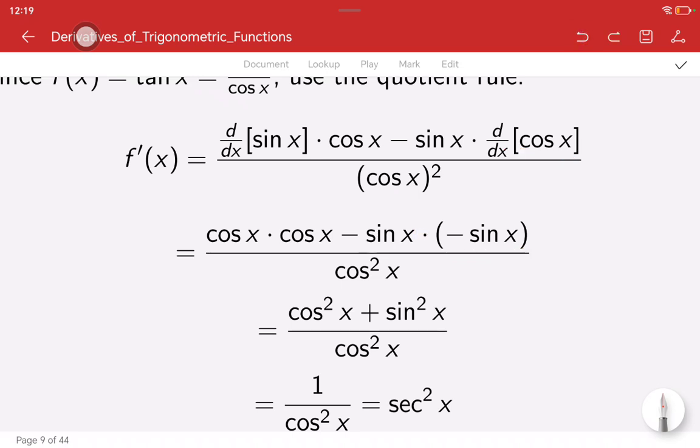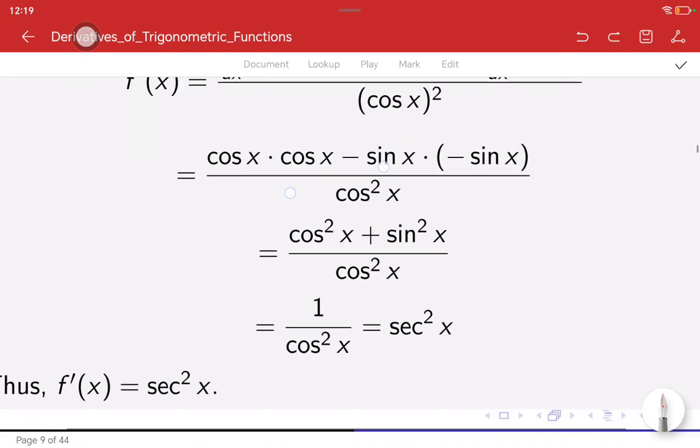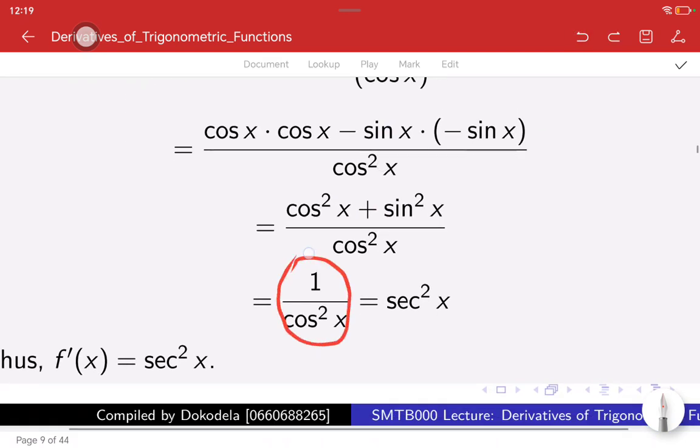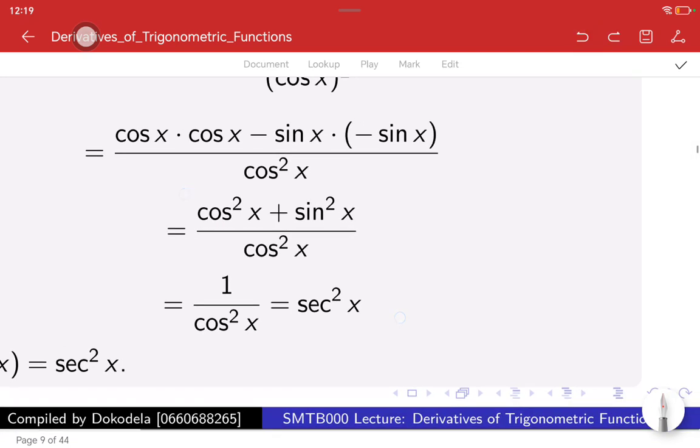So when I multiply these two, I'm going to get cos squared x plus sine squared x. And we know that this is equal to 1. So you can have 1 over cos squared x, which is equal to sec squared x. Or someone can decide to divide here those two like this, you are still correct.